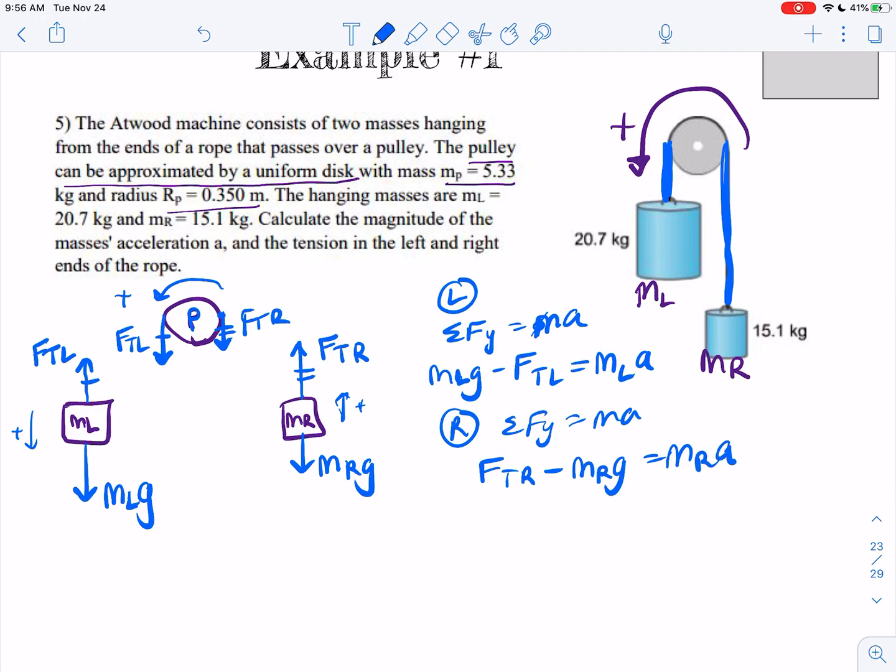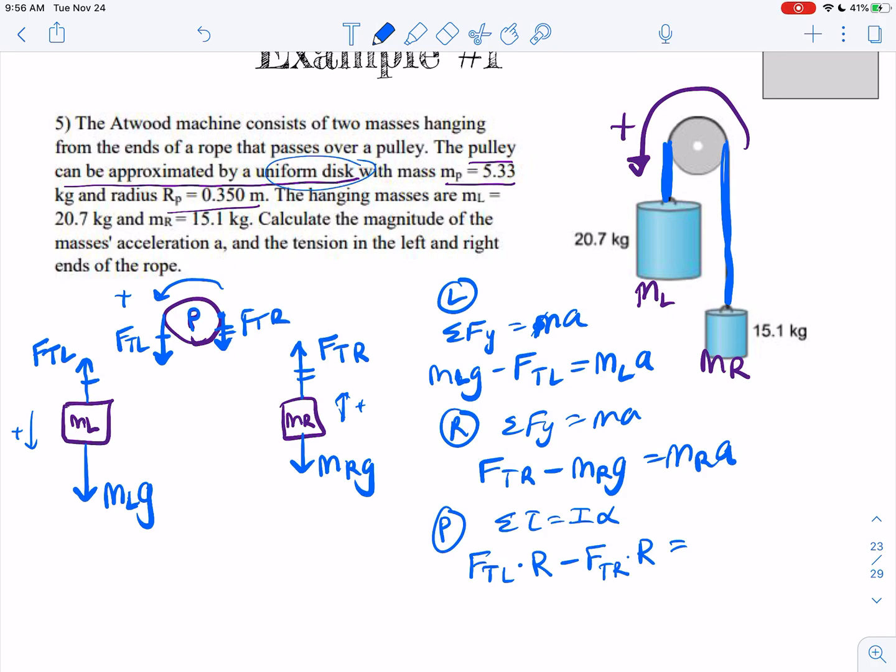And then you're also going to have a sum of the torques for the pulley. Sum of the torques equals I alpha. The torque pulling that around in a positive direction is going to be FTL times the radius, minus FTR times the radius, equals I alpha.